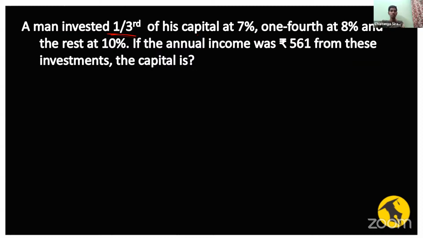A man invested one third of his capital at 7%, one fourth at 8%, and the rest at 10%. So let's say he started with 100 rupees. I won't take 100 because it's one third, so it will be difficult to deal. I also need one fourth, so let me take 1200. We can assume any number.